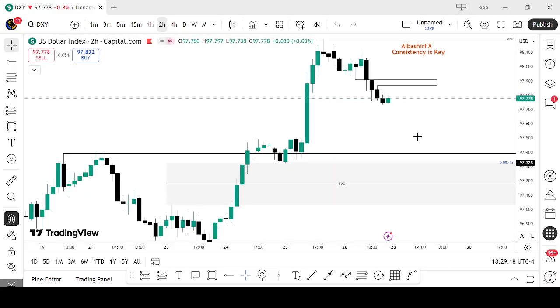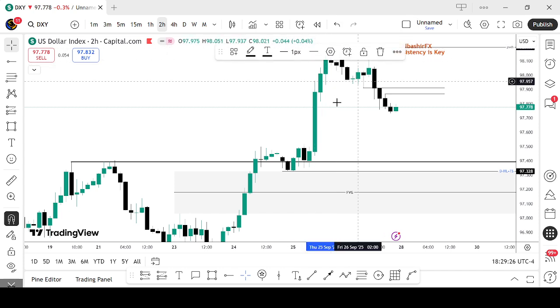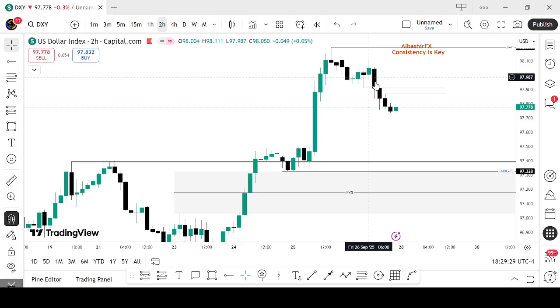So this is the 2 hour time frame. On the 2 hour time frame, we have our 2 hour fair value gap here, and exactly a breaker above. So if you go to the lower time frame, we expect price to react here using the wick. So this will be our new premium level.